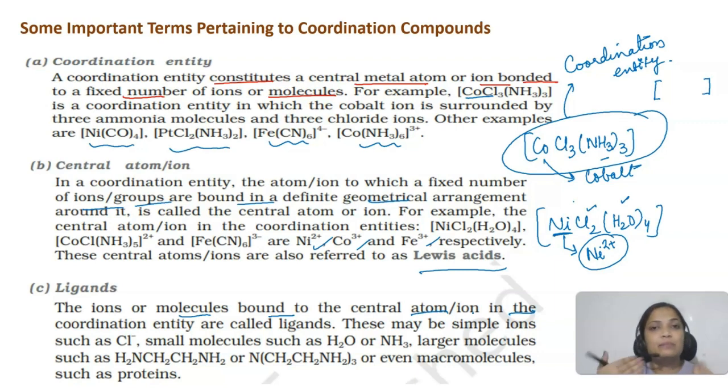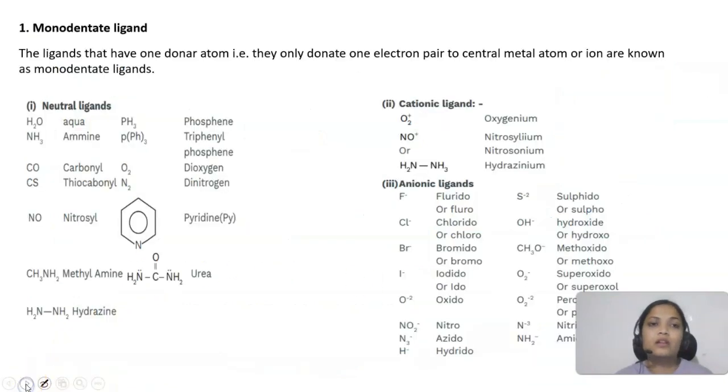They can be simple ions like chloride ions, small molecules like water, ammonia, or large molecules like ethylenediamine or pyridine, or even macromolecules like proteins. About ligands, we need to know some more things. There are different types of ligands.